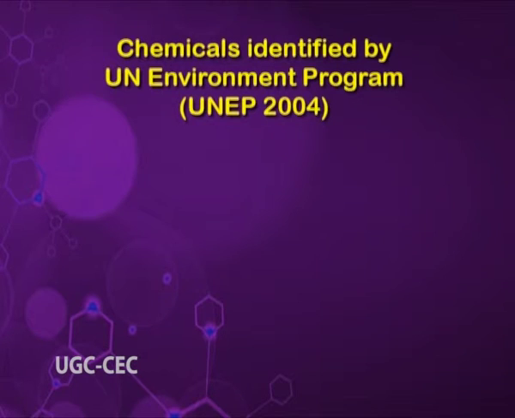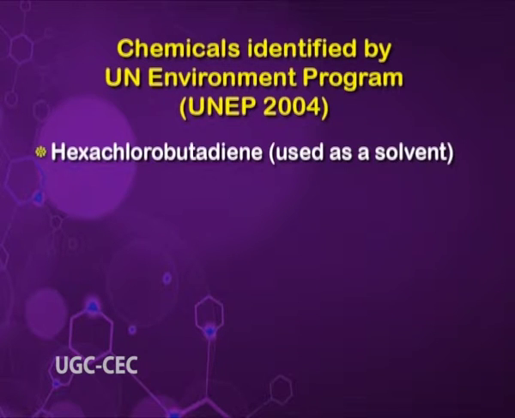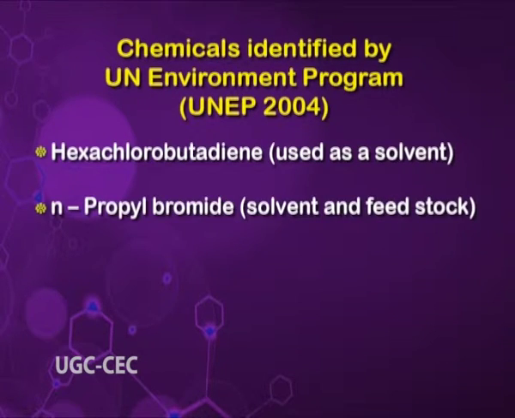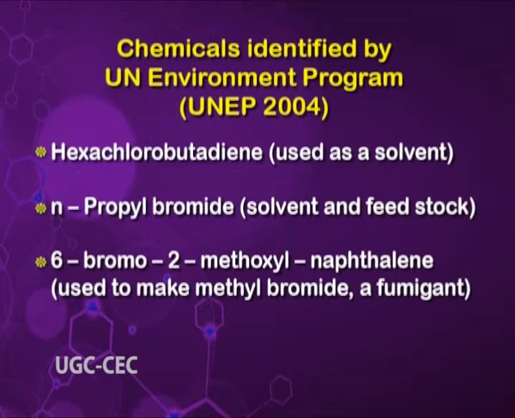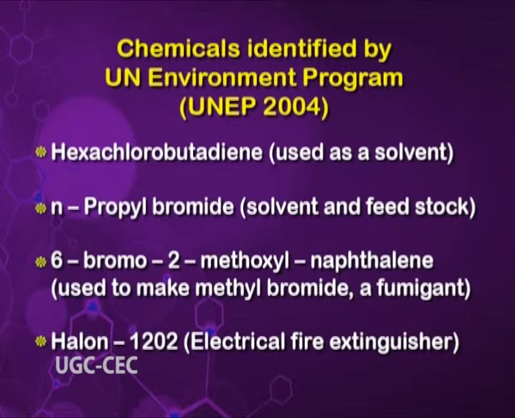These chemicals are hexachlorobutadiene, which is used as a solvent; n-propyl bromide, which is used as a solvent and feedstock; 6-bromomethoxy naphthalene, which is used to make methyl bromide, a fumigant; and halon 1202, a chemical used in electric fire extinguishers. So, these are the potential chemicals that can also destroy ozone besides chlorofluorocarbons.